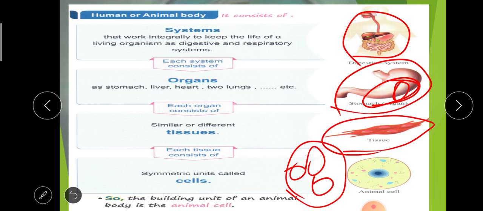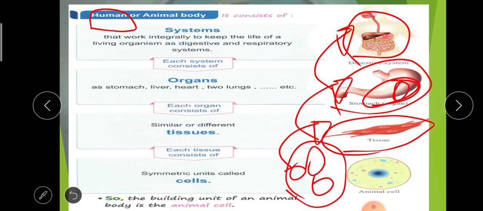Animal cell with animal cell makes tissues, and tissue with tissue makes an organ. Organ with organ makes system, and system with system makes a human body. So the building unit of animal body is the animal cell.